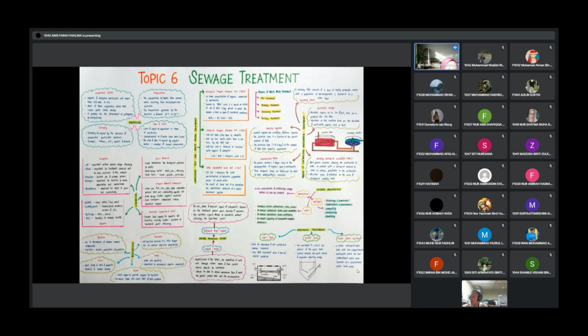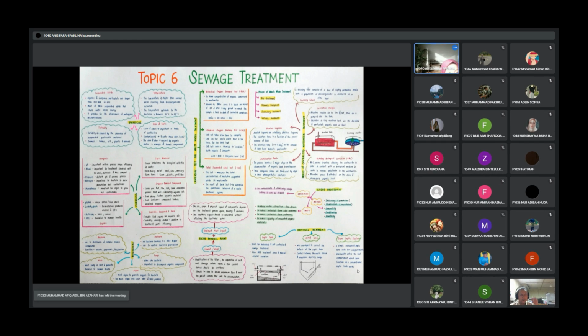And the next one is laboratory test for wastewater treatment. There are three, which is biological oxygen demand test, BOD, chemical oxygen demand test, COD, and lastly total suspended solid test, TSS.